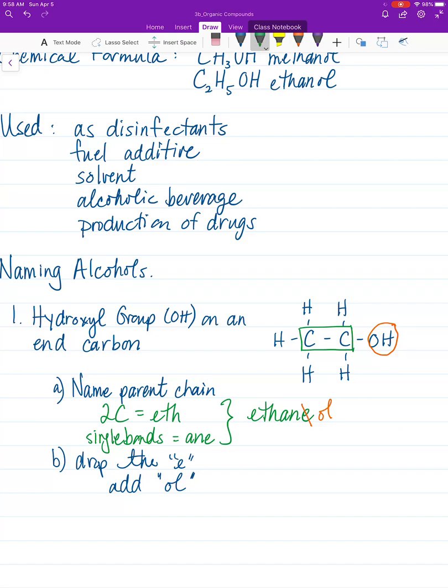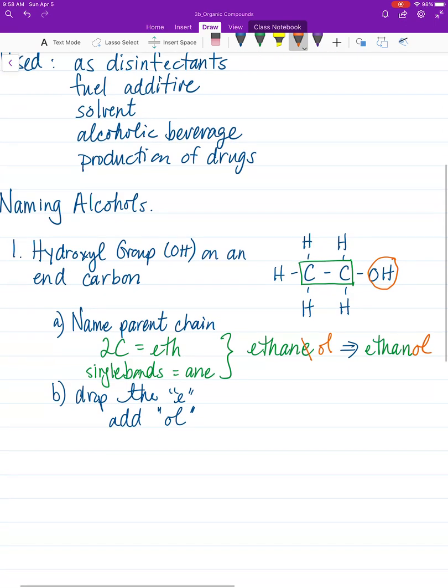So now our name becomes ethanol. Okay, so eth tells us 2 carbons, the ane tells us single bonds, and the ol tells us on an end carbon is hydroxyl or OH group.